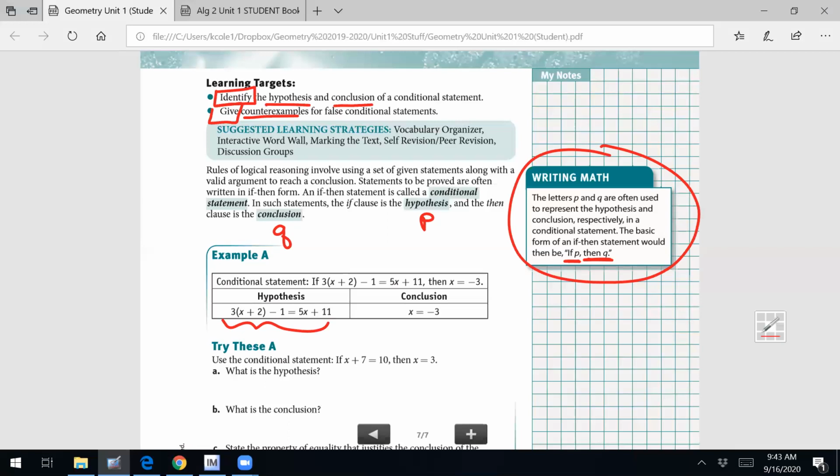My conclusion is that x = -3. Okay, so it says try these A's. Use the conditional statement if x + 7 = 10, then x = 3. You are going to do A, B, and C. I'm going to give you just a few minutes to do A, B, and C.